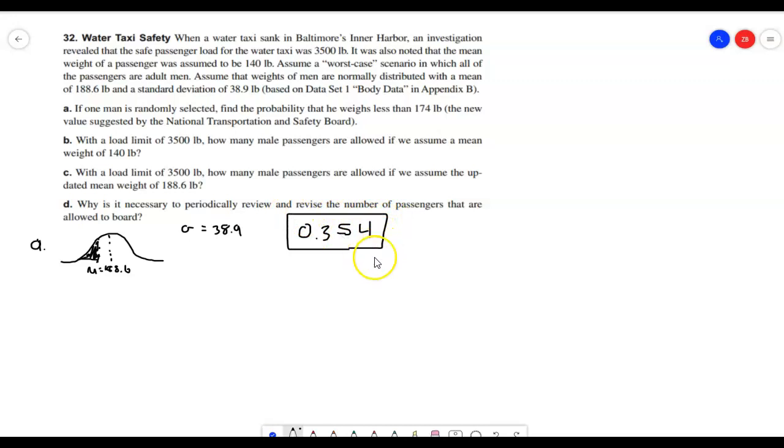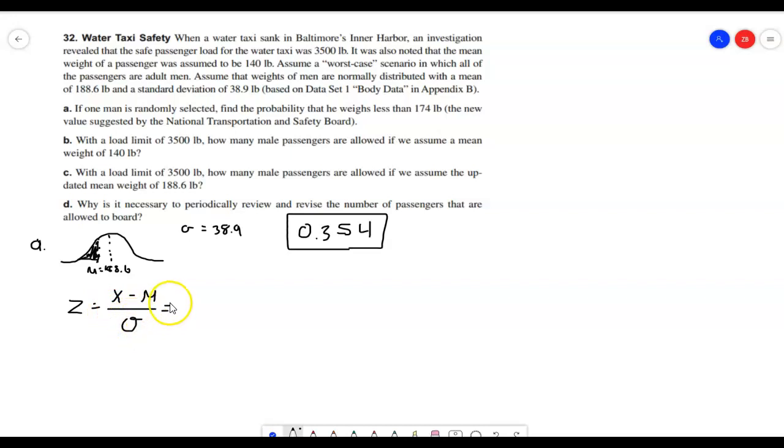Now let's see, if we wanted to use the table to answer this question, how would we do that? Well, the table only works with z-scores, so we would have to convert this to a z-score first. In order to do that, we use z equals the data value minus our mean, all over our standard deviation.